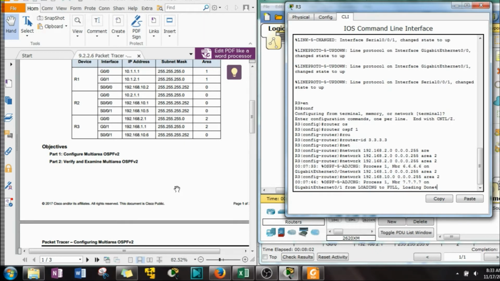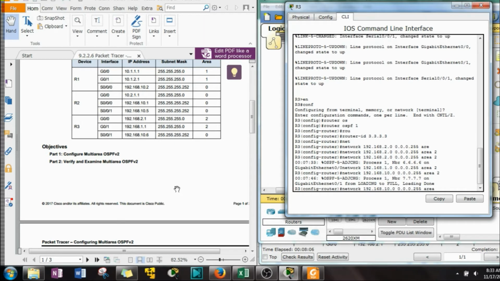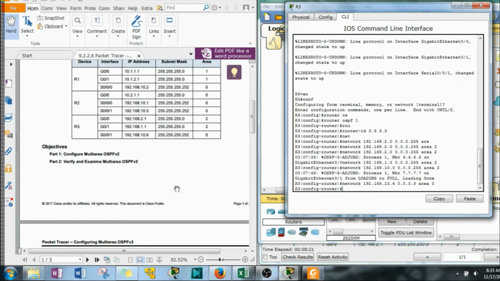That's a 6, so that'll be a 4, with a wildcard of 0.0.0.3, because the mask is a 252. Area 0. There we go. We got our full points.